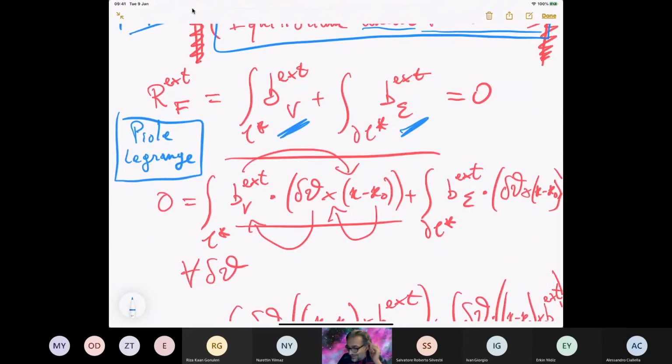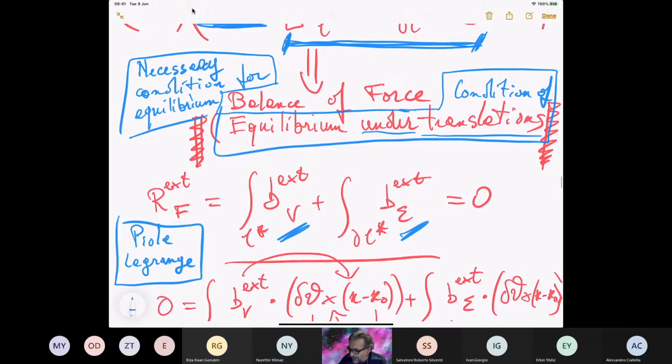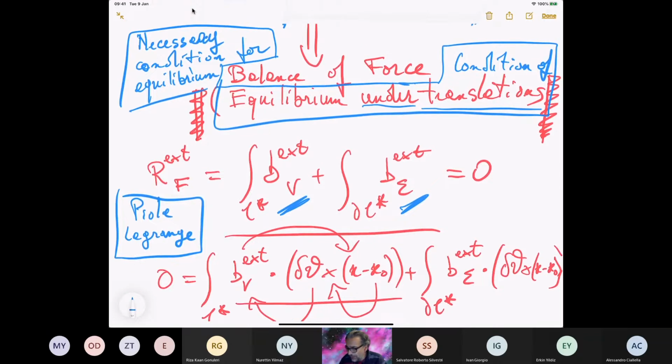You know, they repeat to us that balance of force is true, whatever force means. You know, I remember that I had a lot of pain as a student for understanding this. At the end, I learned it by heart. Okay. Now we have proven that it is a necessary condition for equilibrium. So if you accept minimum of energy as a criterion for equilibrium, you make some mathematical reasonings and you get this as a necessary condition.